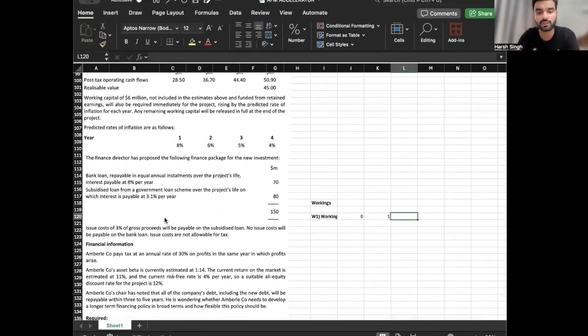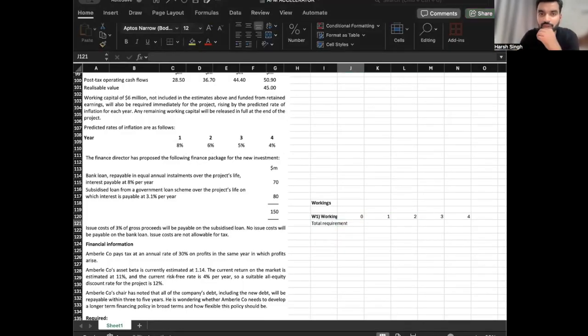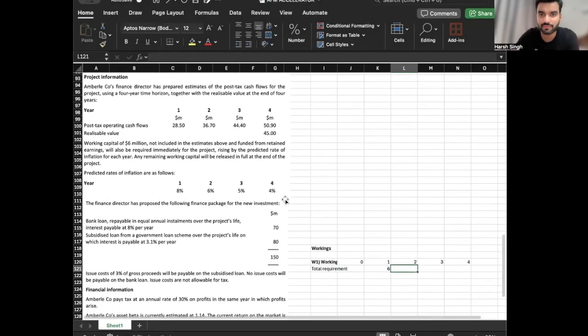So 0, 1, 2, 3, 4. I'll put down total requirement. Year 0 it will be 6 million, everyone, because that is the total requirement. So we can say either in year 0, or we can say in year 1. In short, if I have to write down, I'll put down in year 1, I'll require 6.